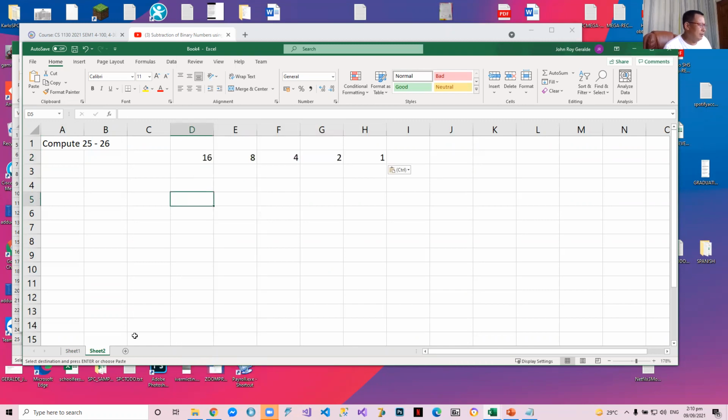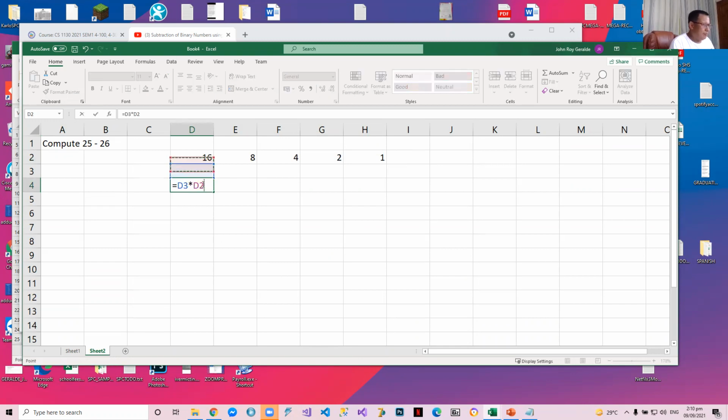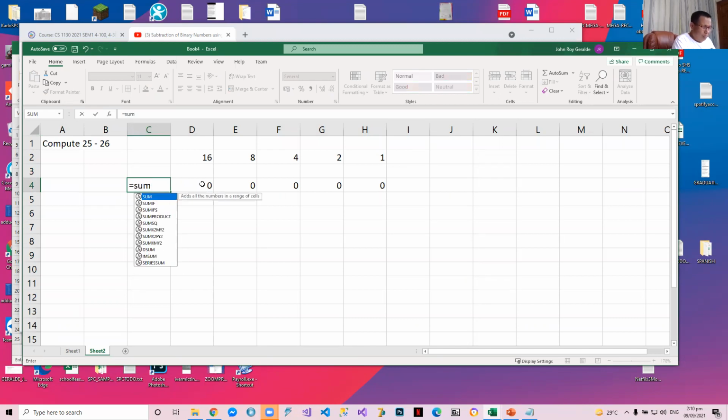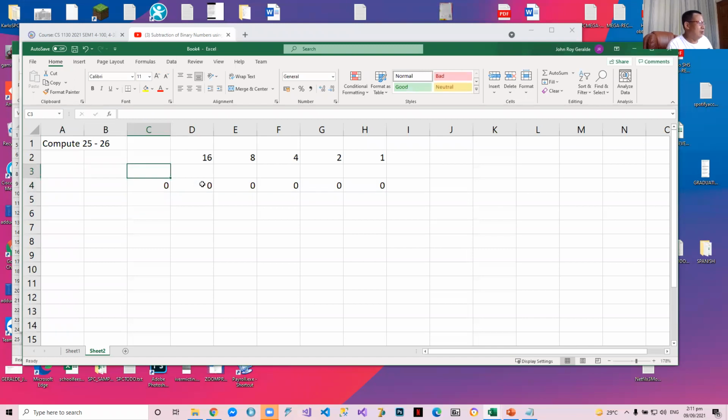Okay, and then we'll have equals this times that. We copy this. And then we'll have the sum here. This is the same formula using method 3. Okay. And then our value is 25. Okay. Follow, and then we will subtract. Okay. So for 25, we will need a 16.